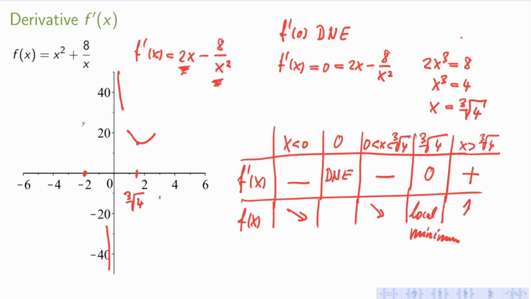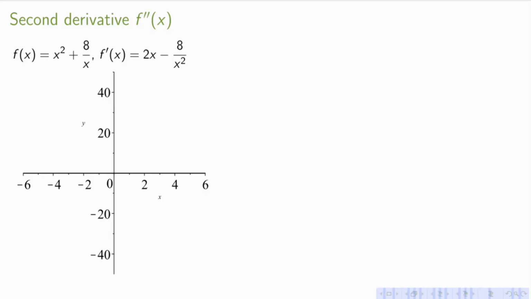Now let's look at the second derivative and at concavity. Second derivative, so here's the derivative, 2x minus 8 over x squared. The second derivative f double prime is 2 plus 16 divided by x cubed, okay? And then again we know that f double prime at 0 does not exist. Same thing, we can't divide by 0.